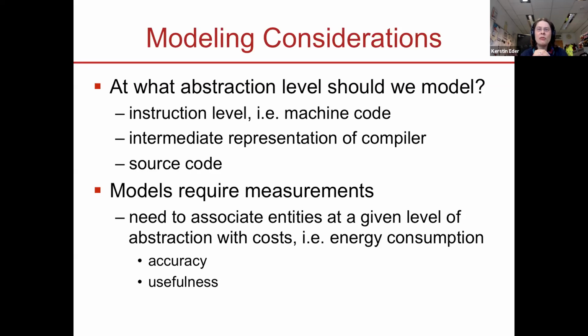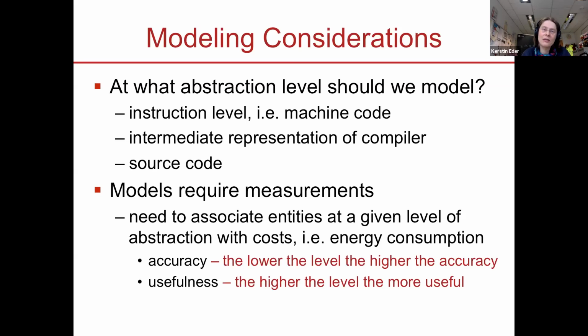But models also require measurements, and that means associating identifiable entities at a given level of abstraction with costs, in this case, energy consumption. When we do these measurements, we need to think about the accuracy of the measurements. But in terms of the modeling considerations, we also need to think about the usefulness to the programmer.